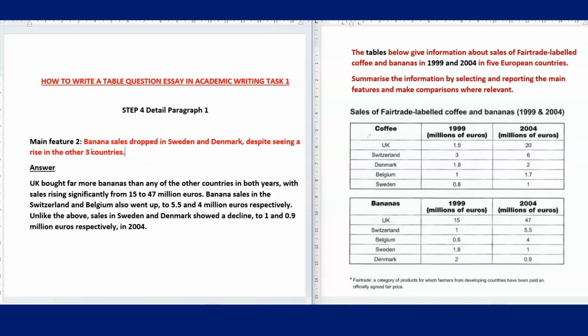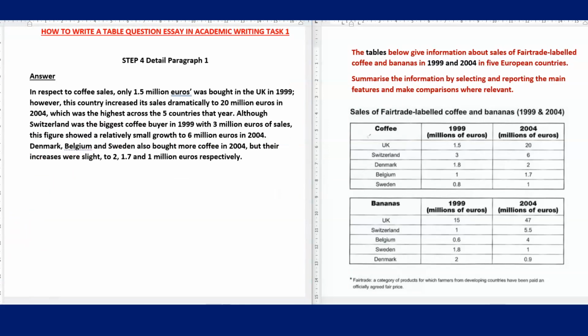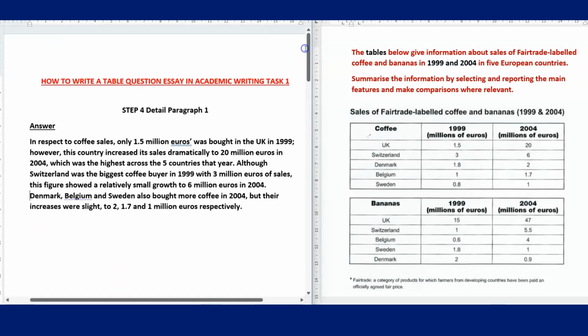So when you are writing your major details, your facts, your figures, you are comparing, you are reporting, you are writing details, and you are also making sure that you are summarizing some of these things. So this is how our first main paragraph will look. Let's go on to the second detail, then we end our essay. All right, so the last part of our essay will be detail paragraph 2.